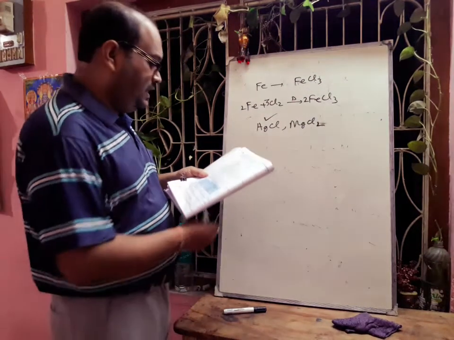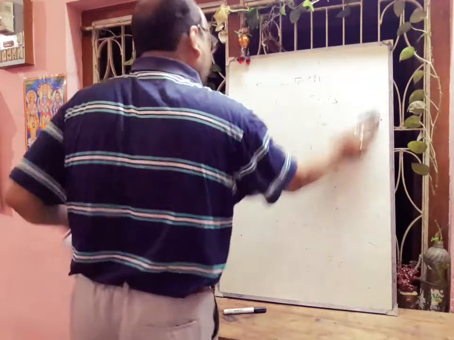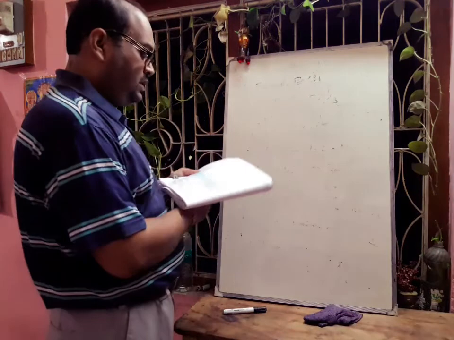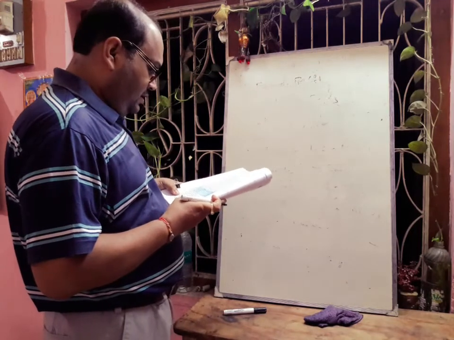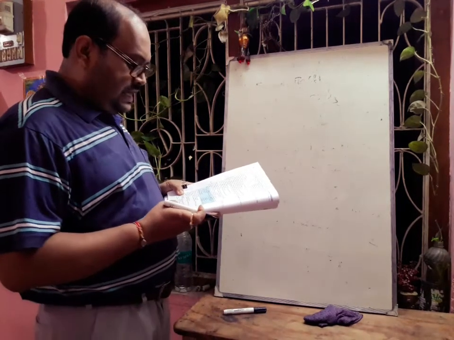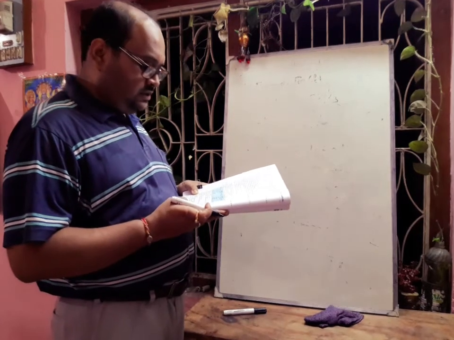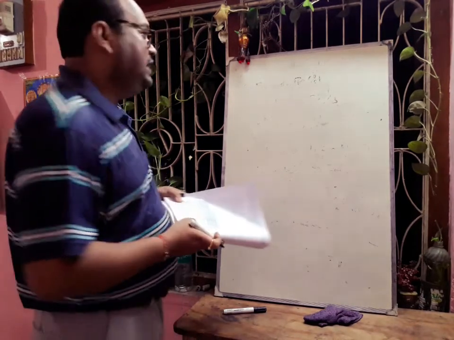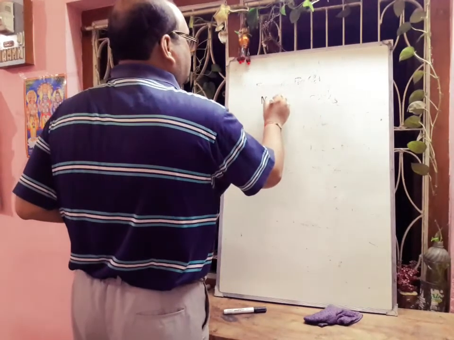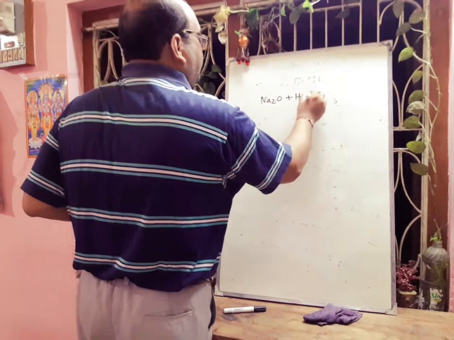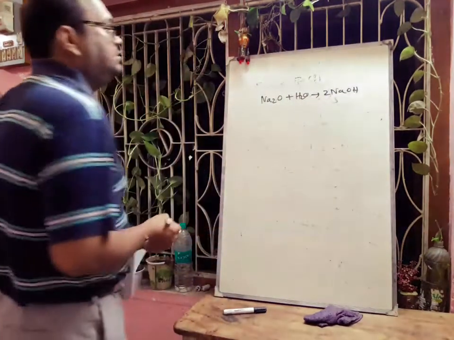Next is fill in the blanks. When a metallic oxide dissolves in water, the solution formed has a high concentration of dash ion. If you take any metallic oxide, we are taking sodium oxide. If you dissolve it in water, definitely it will produce sodium hydroxide, 2NaOH.